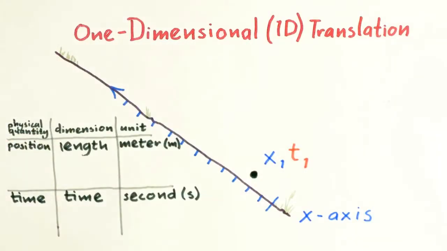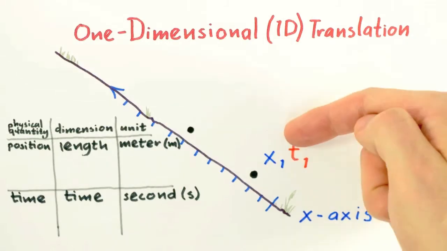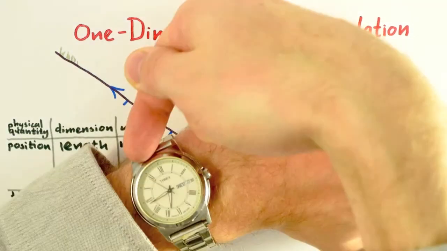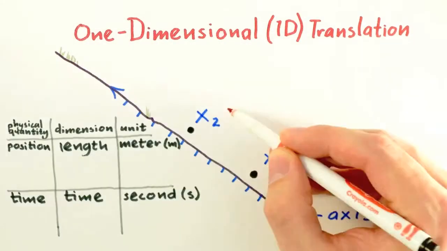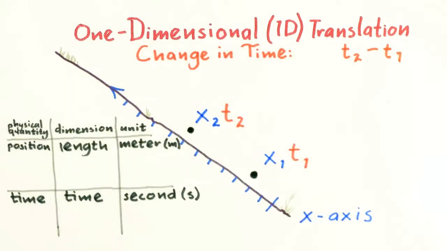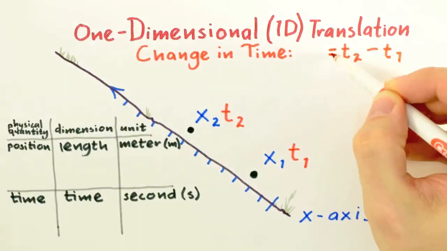For example, let's say we see our object progress from x1 to x2 as time advances from t1 to t2. So we need to describe both a change in position and a change in time. The change in time is described by the difference, the final time t2 minus the initial time t1, which we can represent symbolically as delta t.